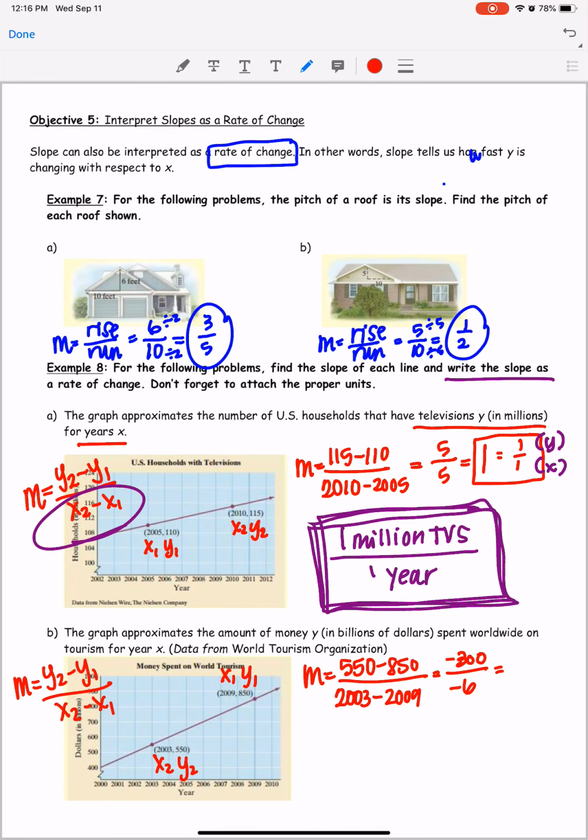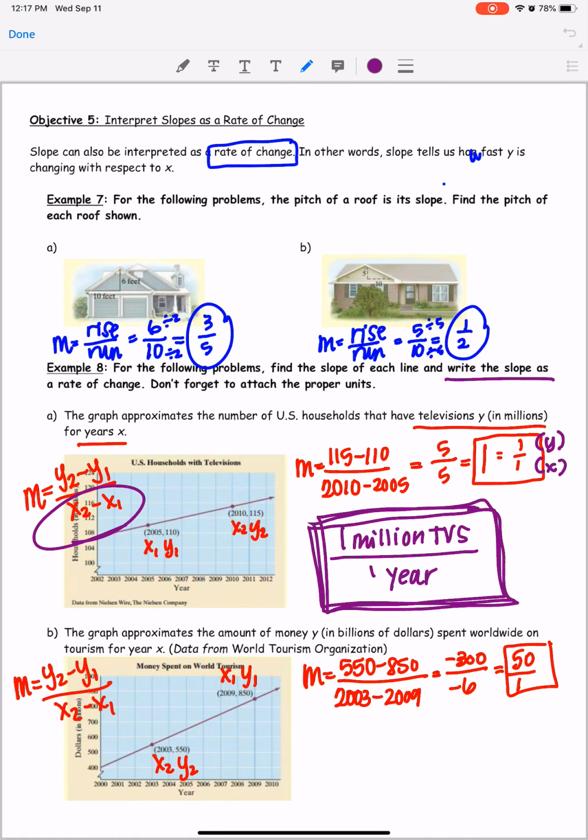Reduce that. Negative over negative is positive, which should make sense since that's a positive slope here. And 300 divided by 6 is 50. And again, let's just make that into a fraction. So let's make that 50 over 1.